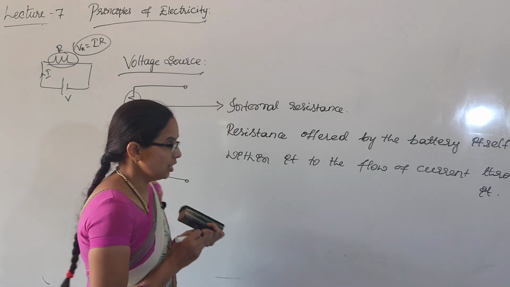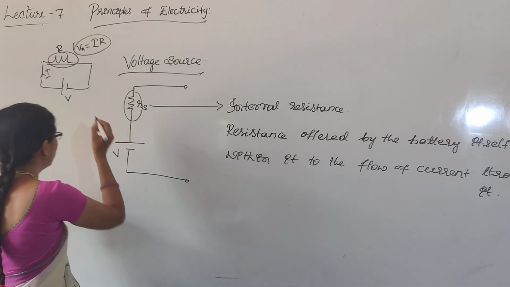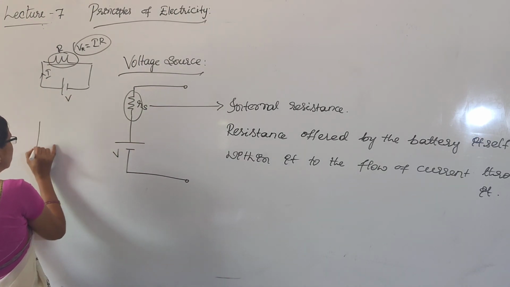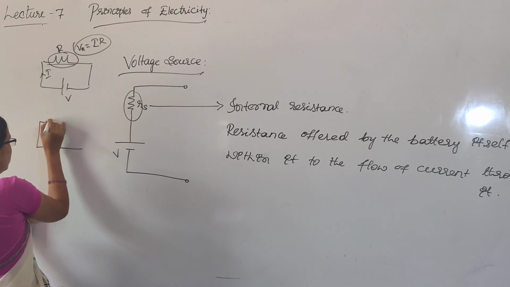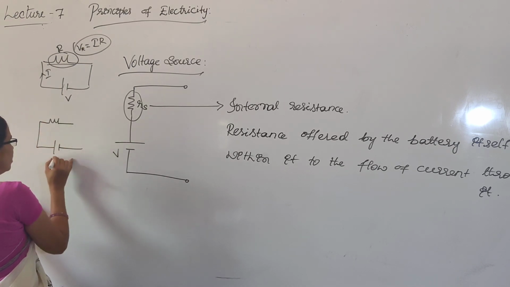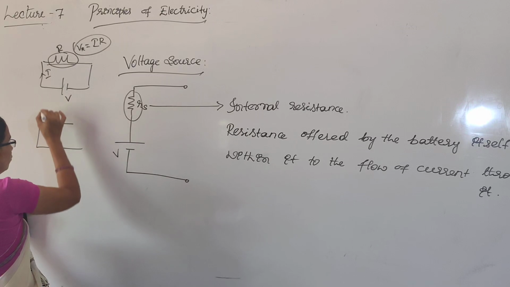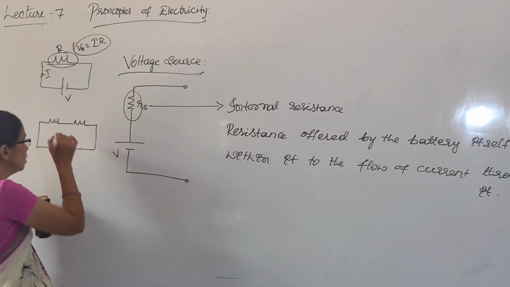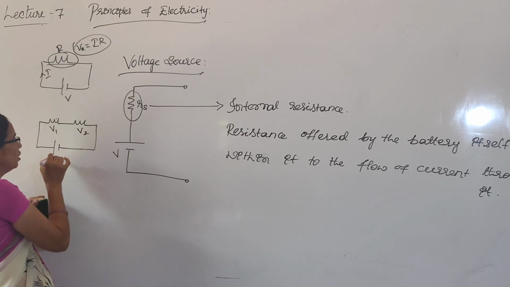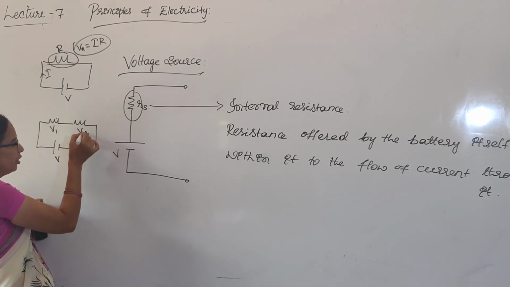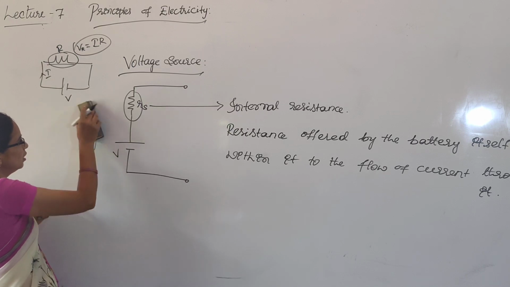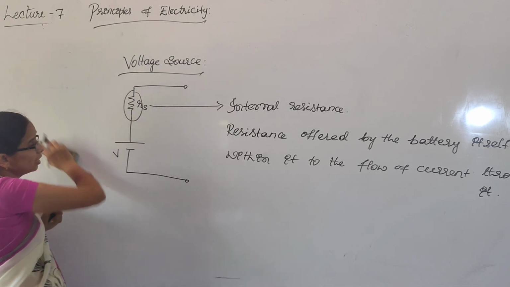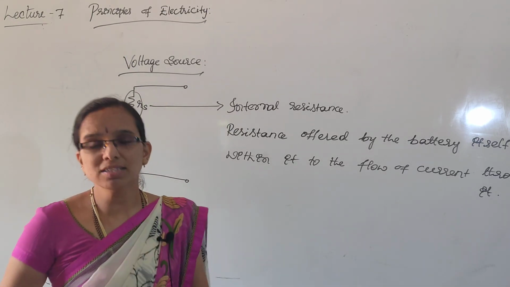We also said that if only one resistor is connected, the complete V will drop across it, whereas if I connect one more resistor in series, V will be divided into V1 and V2, and the voltage drop will occur across all the resistors connected.